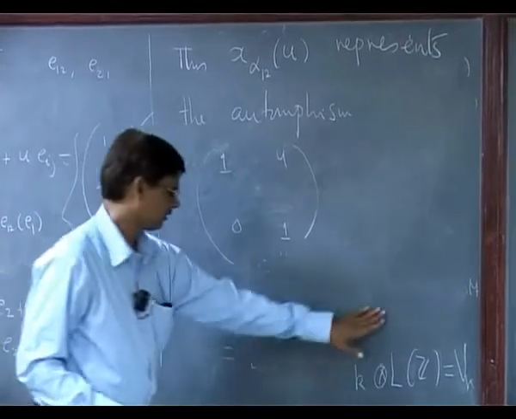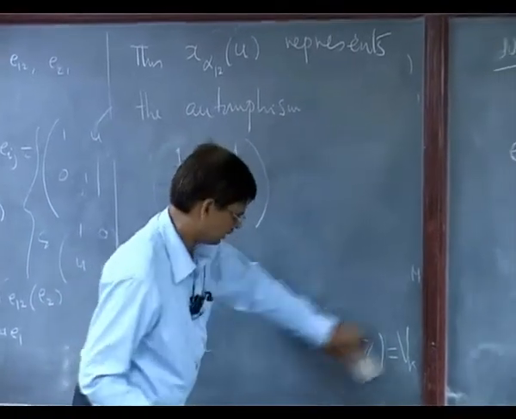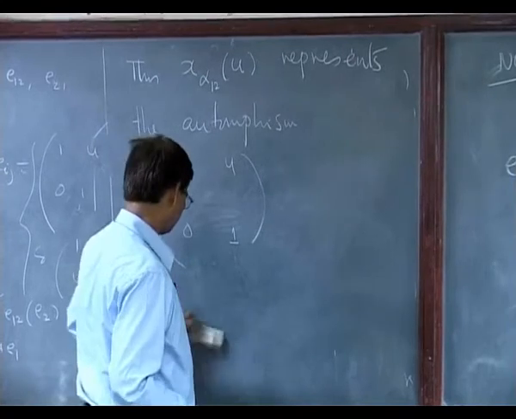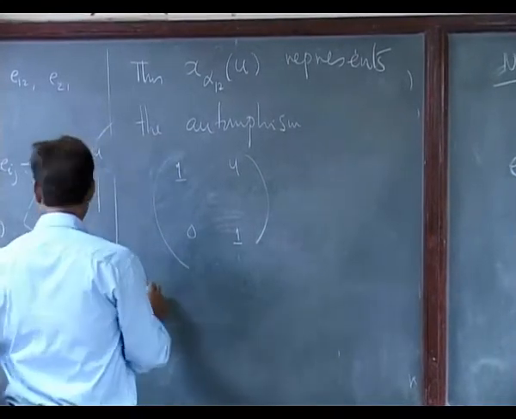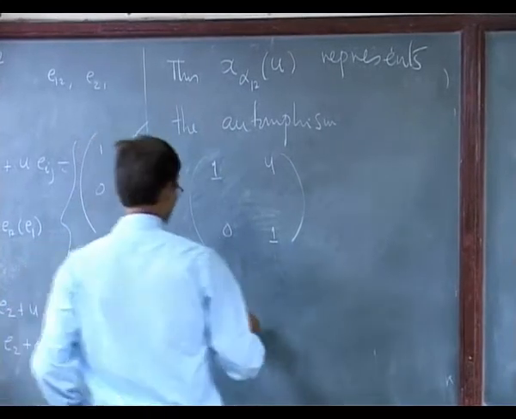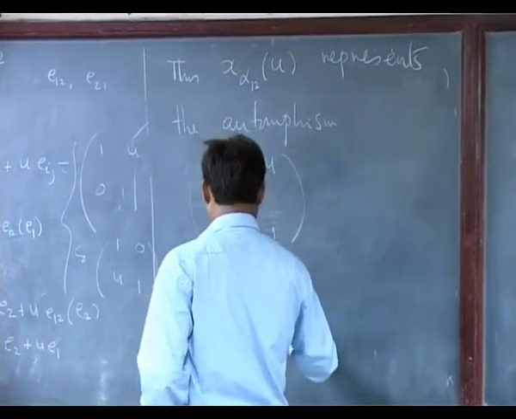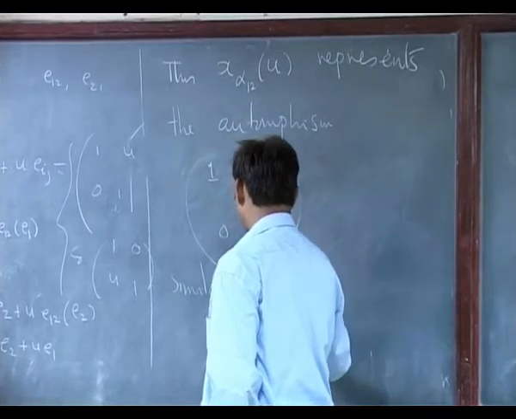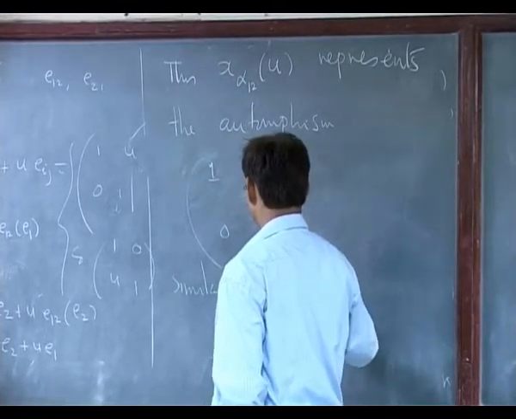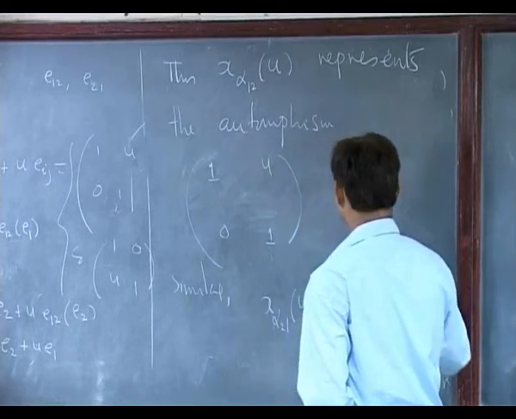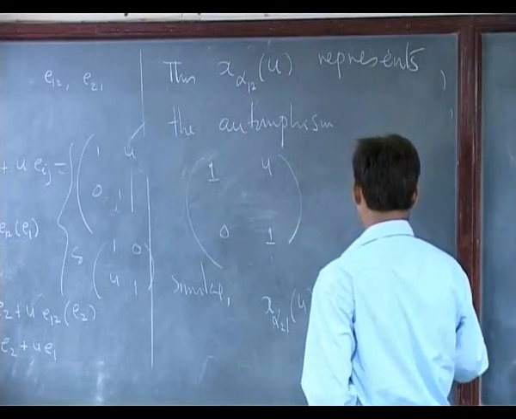Similarly, the transformation associated with this, and similarly we have x alpha 2 1 of u, which is associated to (1 u; 0 1).